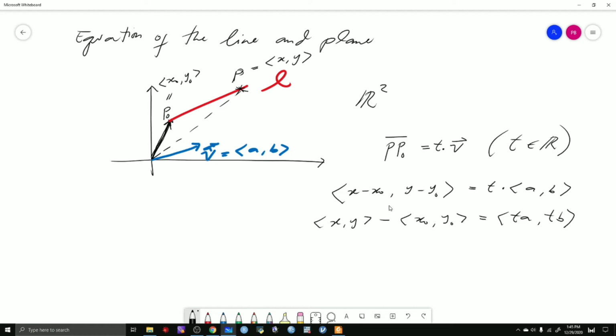And then we can transfer this (x0, y0) vector to the right side of the equation.